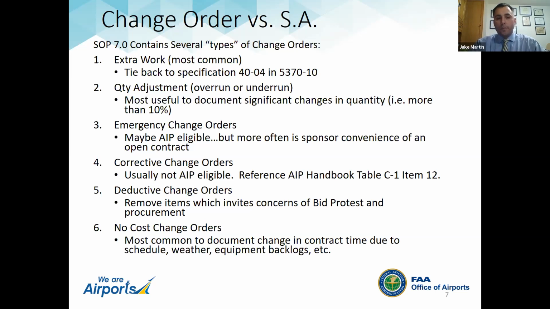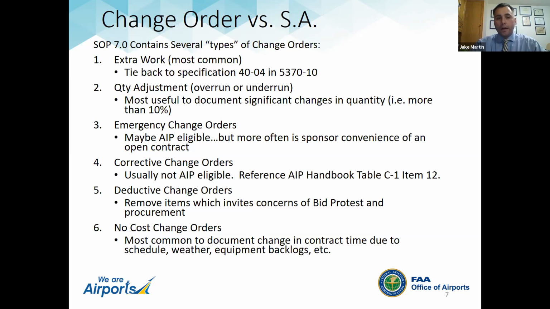Deductive change orders are potentially concerning to us if you're removing scope, primarily because of bid protest and also changing FAA specifications and standards. And the bid protest concern enters because if you remove something, let's say you had lighting and paving in a project and you decided to remove some of the lighting scope of work, another contractor may have looked at that project and decided, I can't put a bid in because it has lighting and I don't have the capabilities to do that.